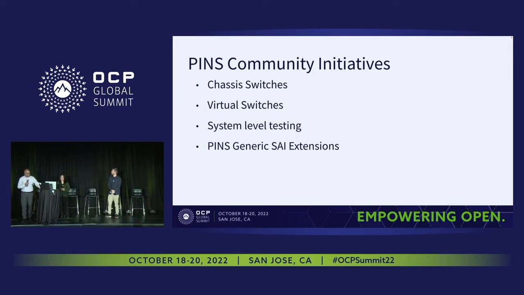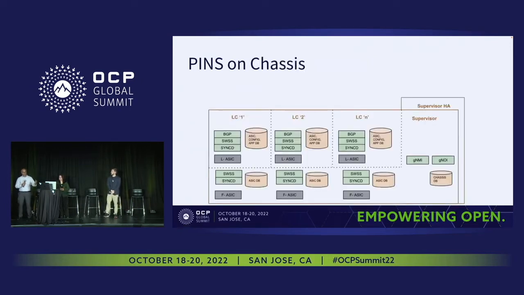So we heard today Rita and Arvind go through SONiC on a chassis. Really appreciate all the effort that has gone into getting the SONiC disaggregated architecture working on a chassis. Would like to follow up with PINS working on a chassis.